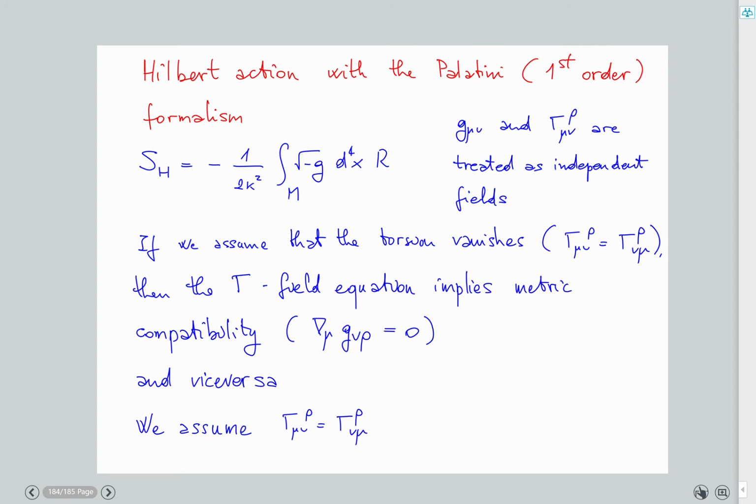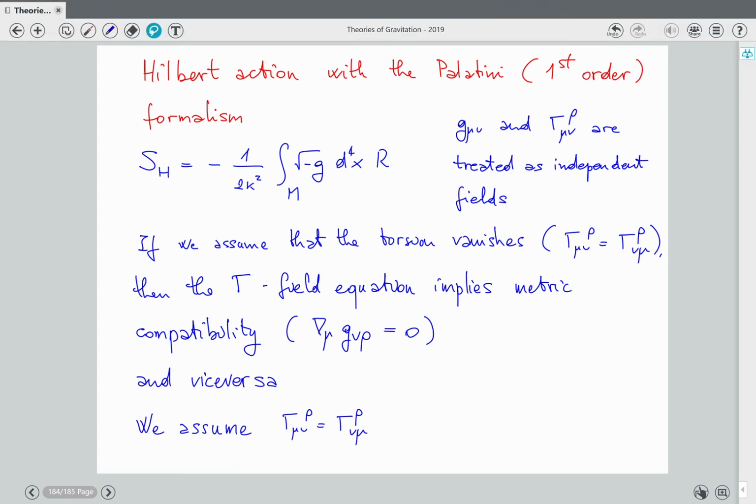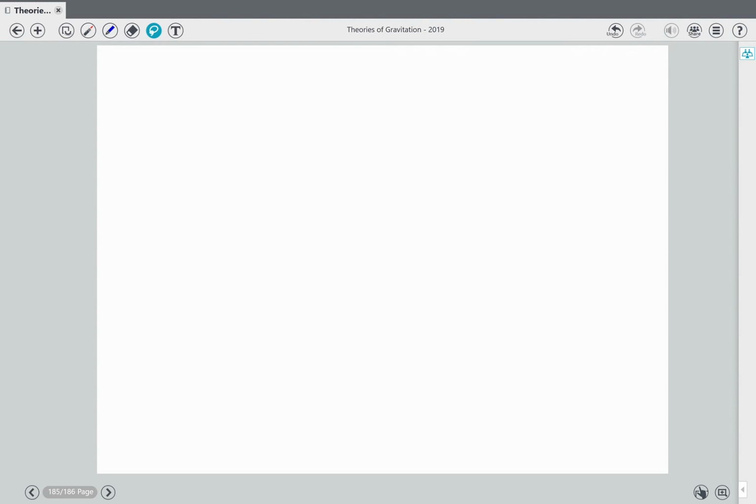Otherwise we risk making many mistakes, because normally that's what is assumed, and otherwise we have to be very, very careful. So the action is a functional of g and gamma.